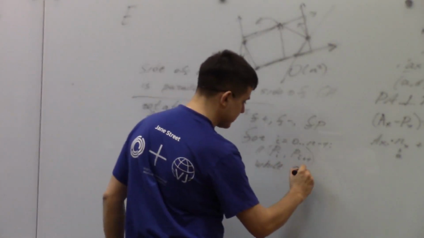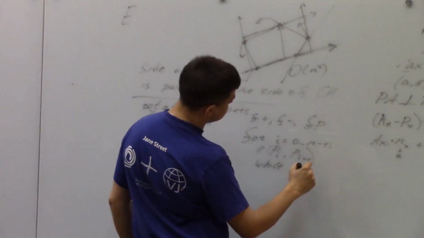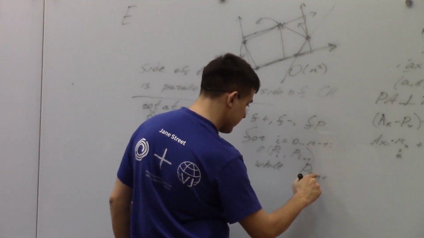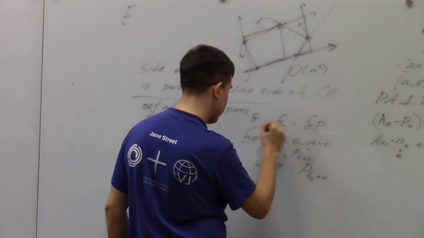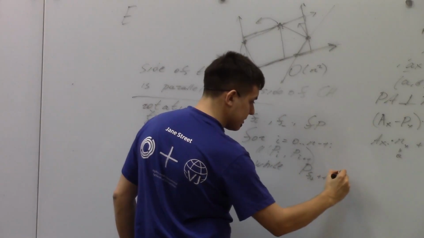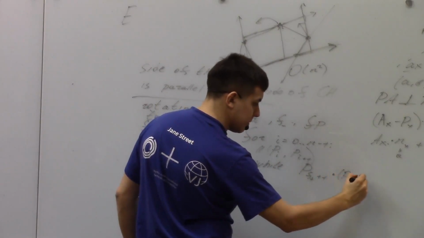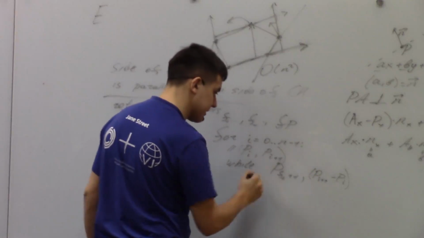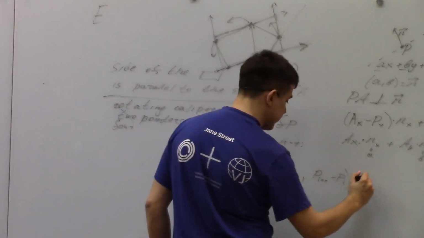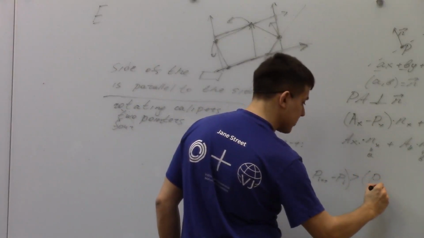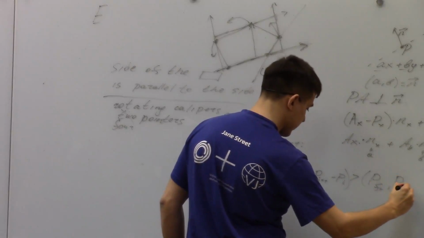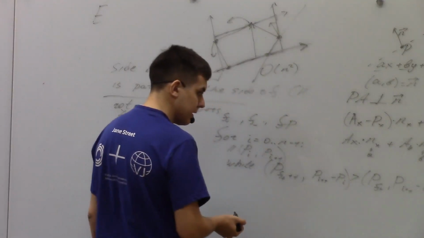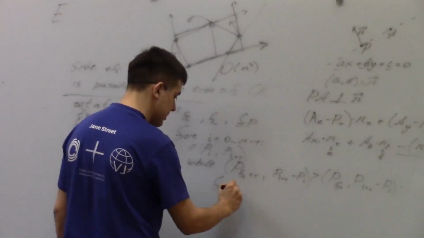So while the scalar product of p f plus plus 1 with pi plus 1 minus pi is greater than what we have at current f plus, then we increase f plus.